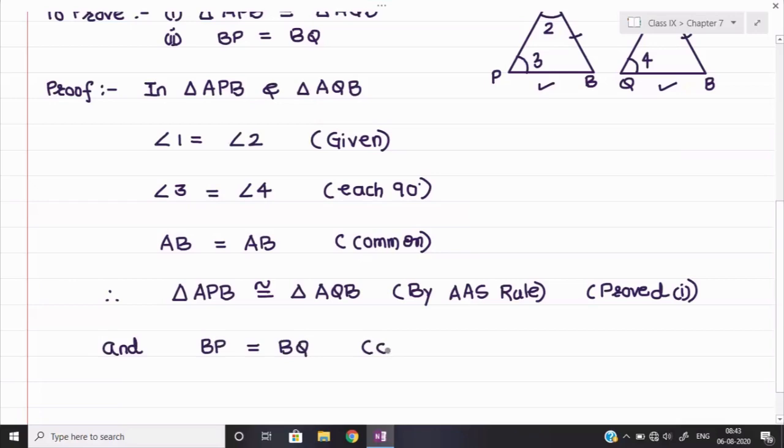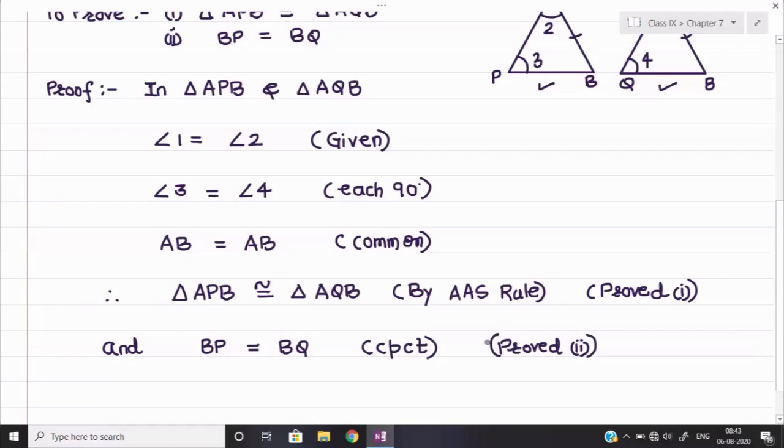This reason we will write down CPCT, corresponding parts of congruent triangles. And hence we can say here we have proved the second part also. Actually the second part is connected with the first part only. Okay, so it was not required to give a separate proof for the second part. Okay, and hence both the parts got over.